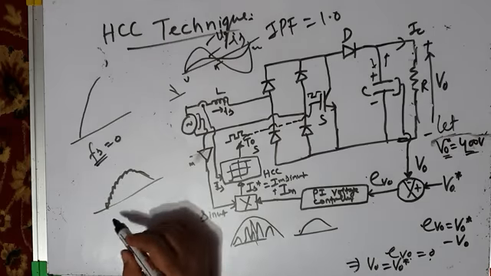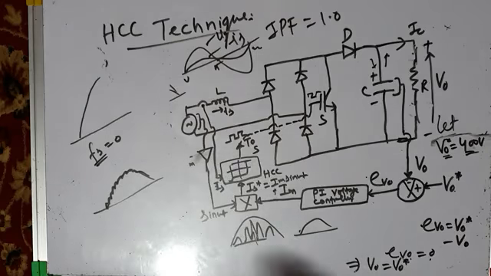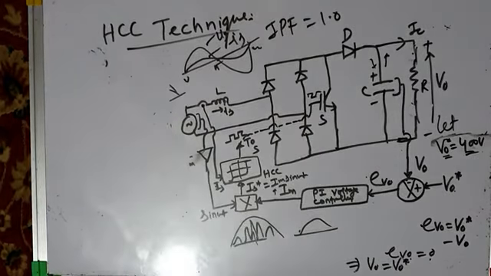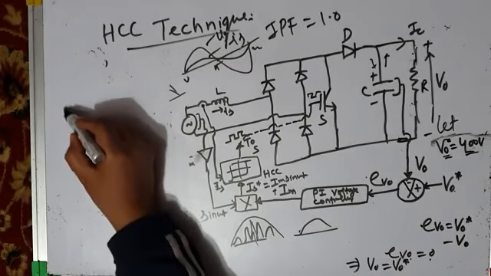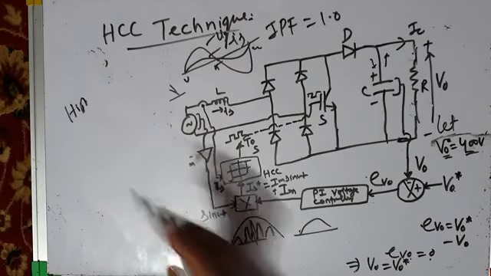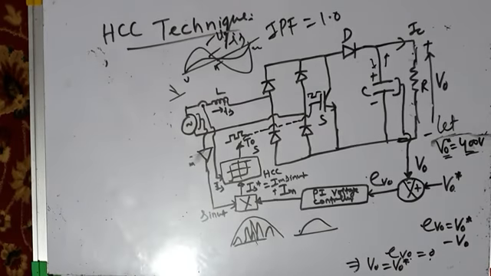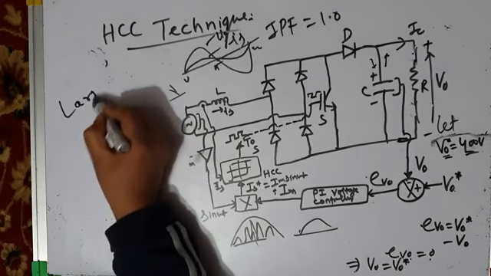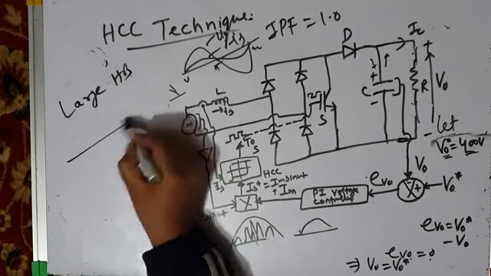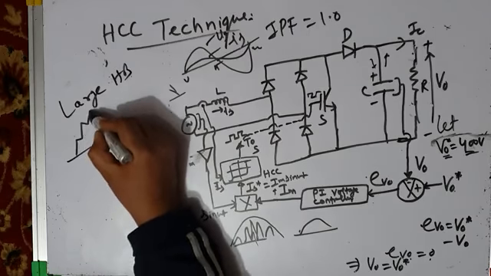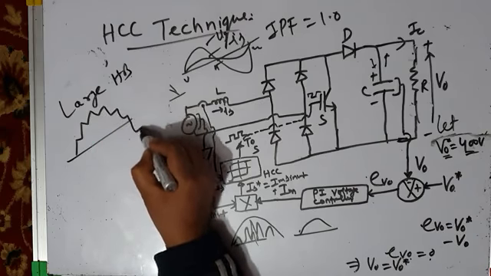And another thing I want to tell you about the hysteresis band is how do you decide about the hysteresis band, kitna hona chahiye? If your hysteresis band is large, then your source current may become something like this.